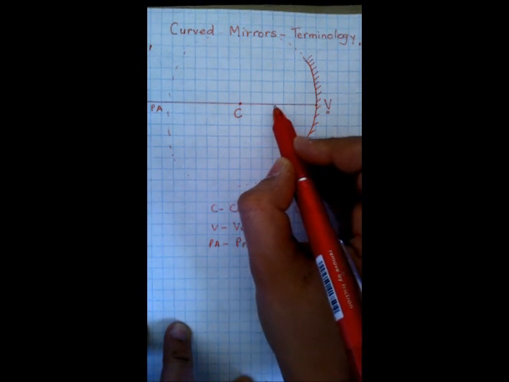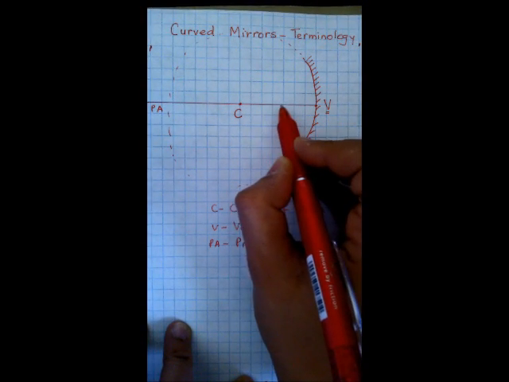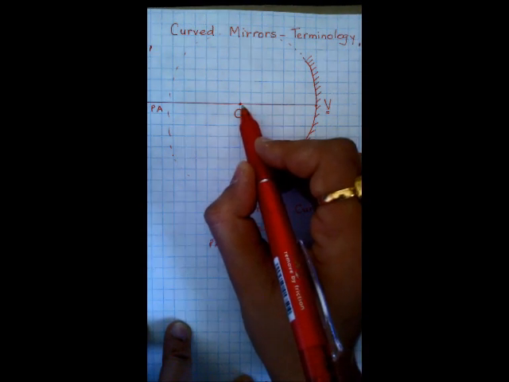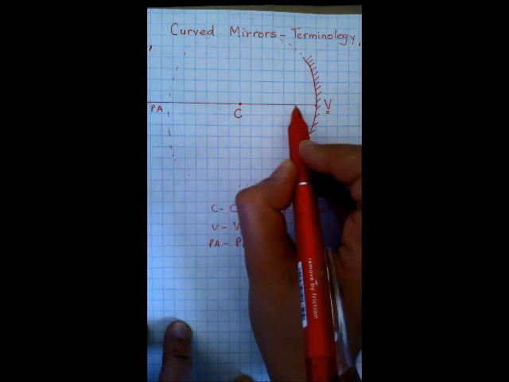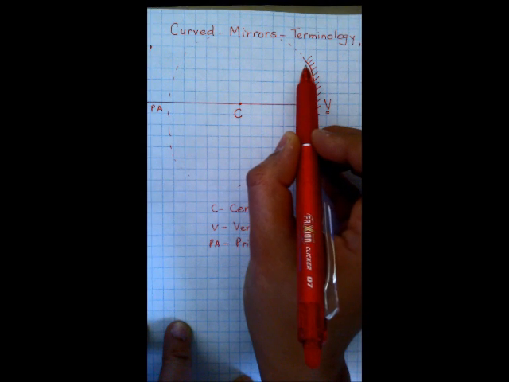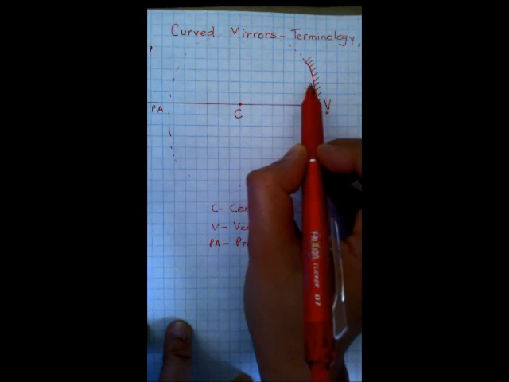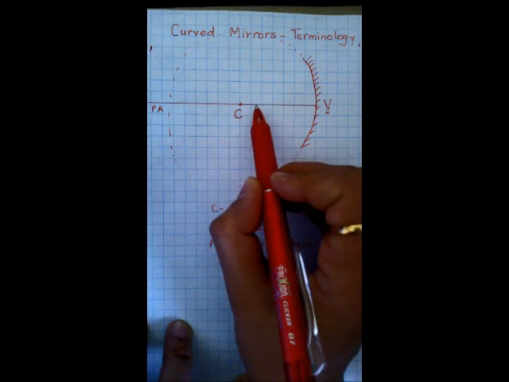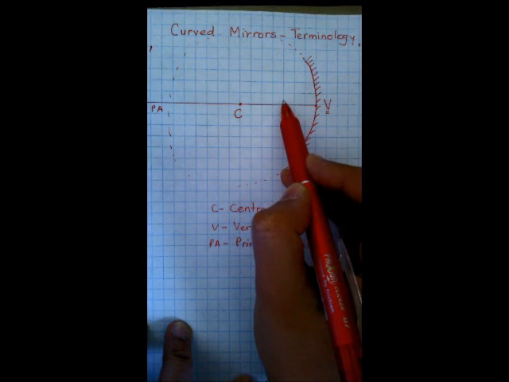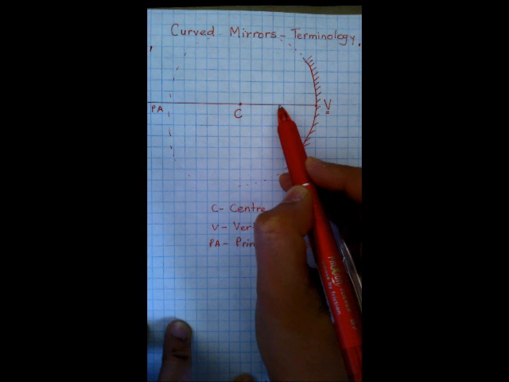In the video you saw a pencil placed somewhere here which caught on fire. Now that space between the center of curvature and the vertex, that is the space where any ray hitting the concave mirror parallel to the principal axis will hit the mirror and then get reflected through one point.